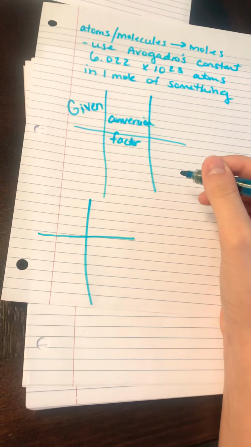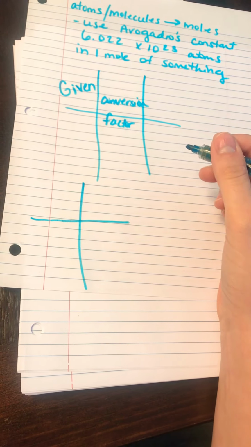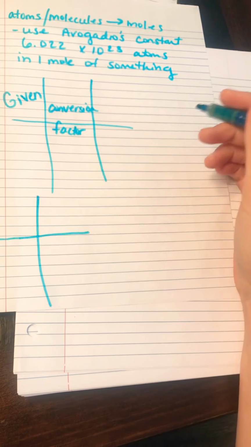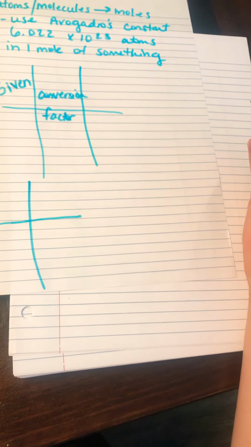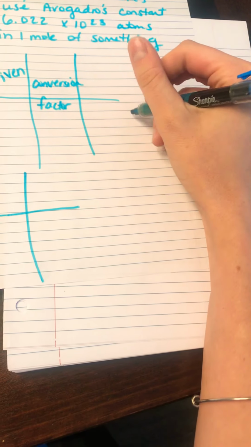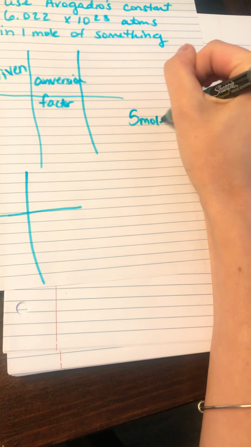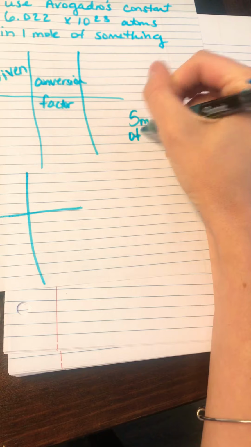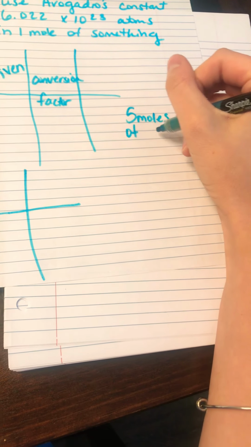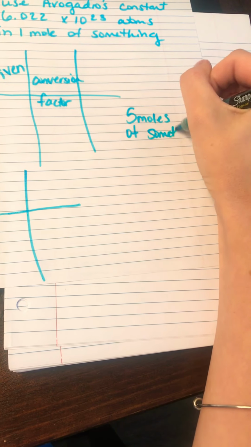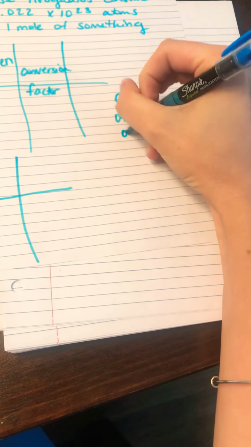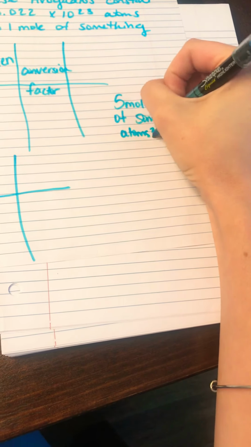Let's say that I have 5 moles of something, and I want to know how many atoms that is.